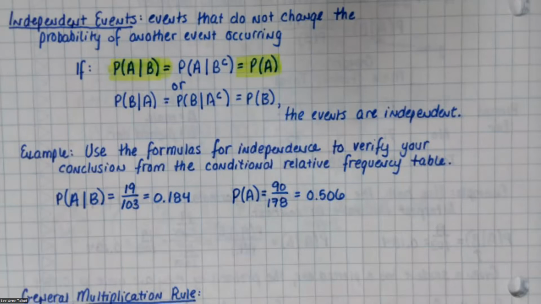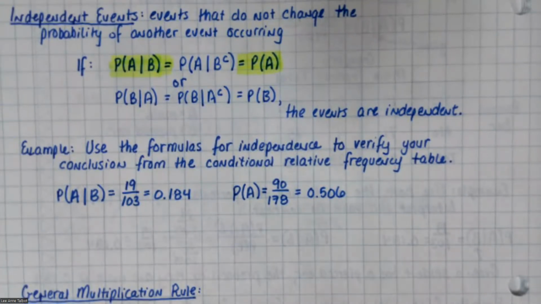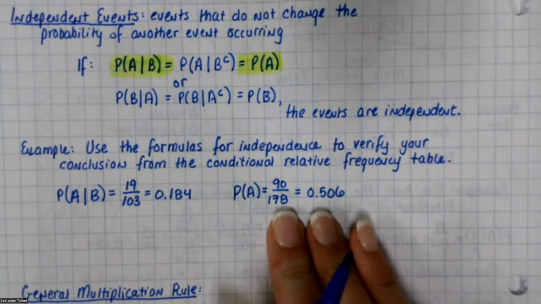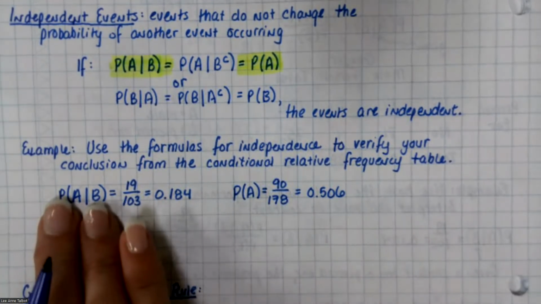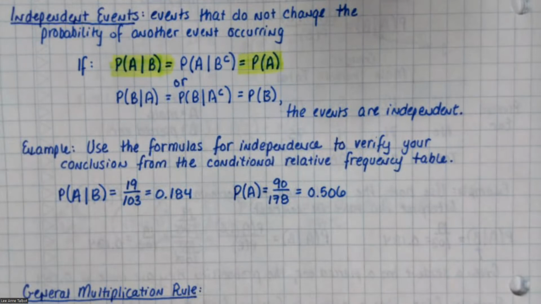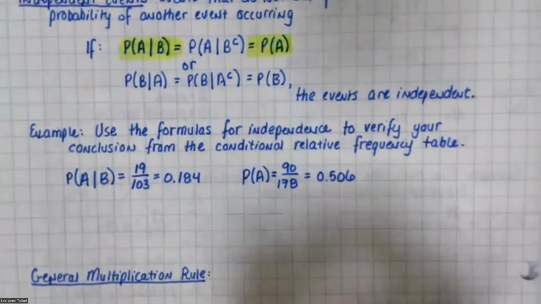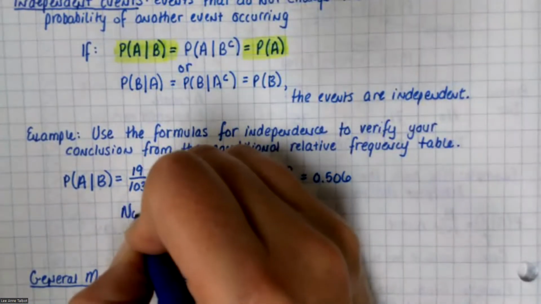Having a pierced ear affects the probability of being male, changes it. Just male only is 50%. But knowing that somebody's male and having a pierced ear brings it all the way down to 18%. So these are not independent. So it's the same answer that we got from the probability table.